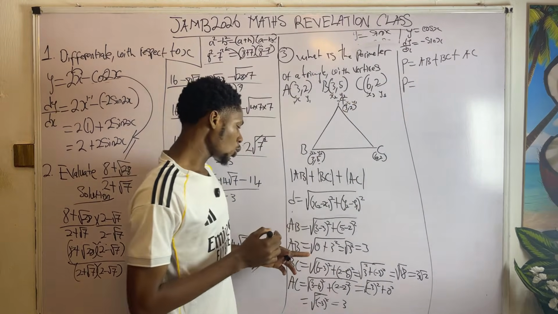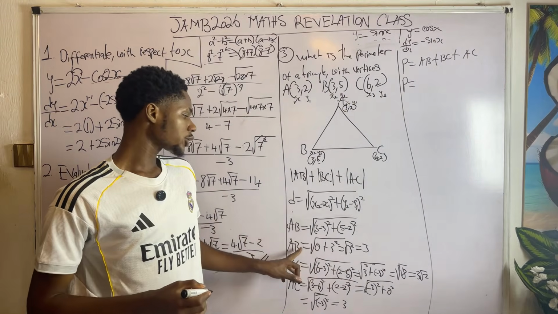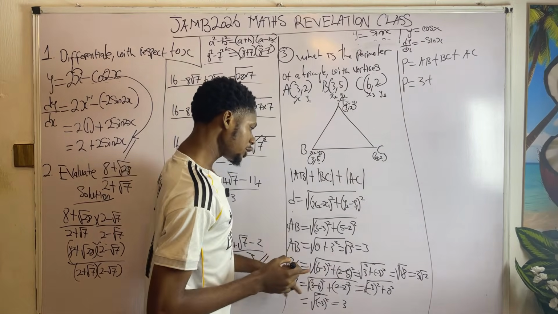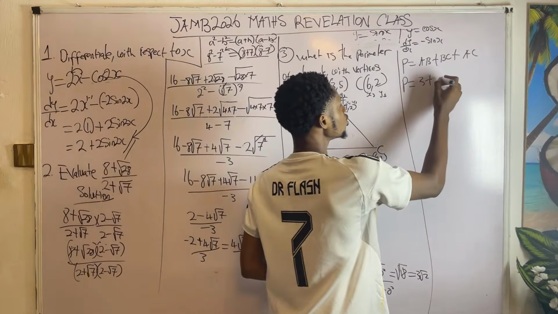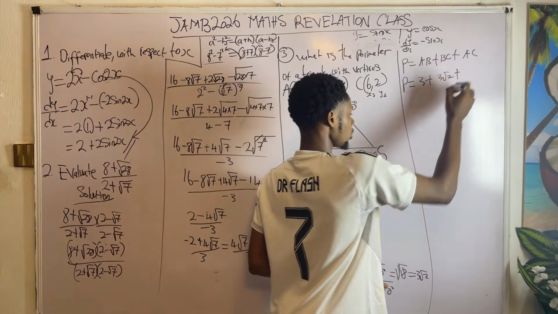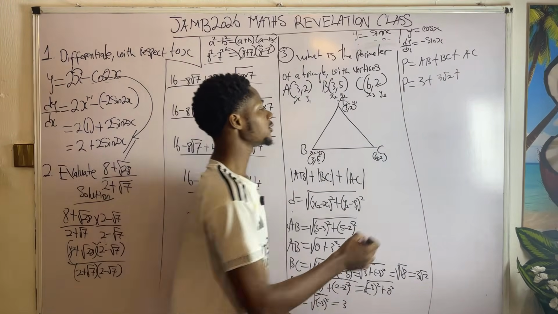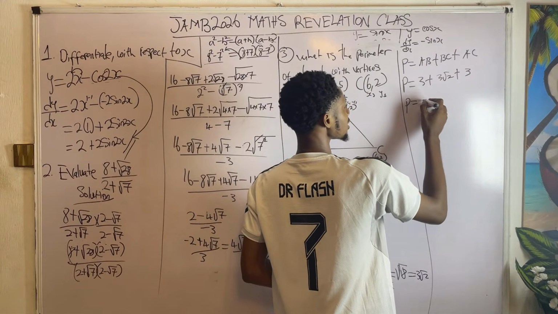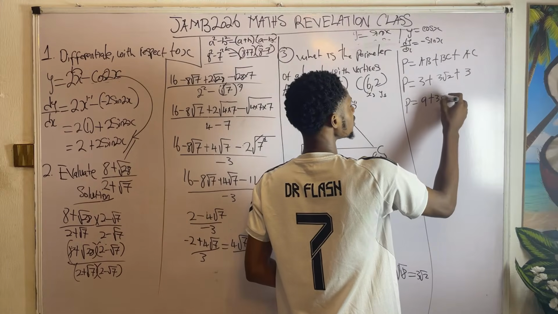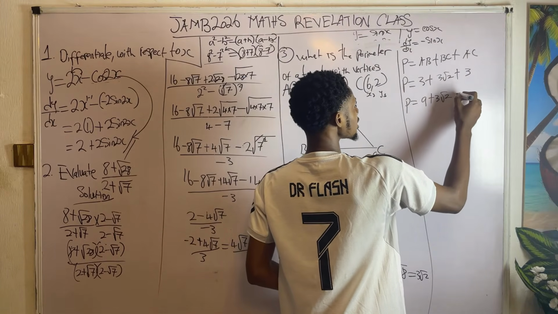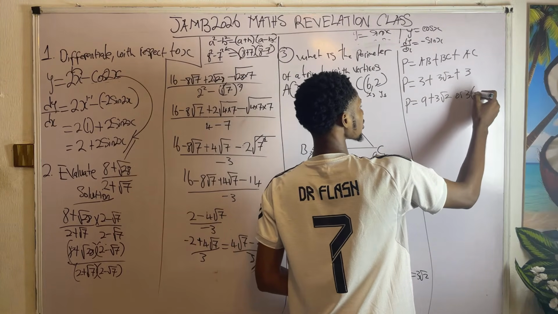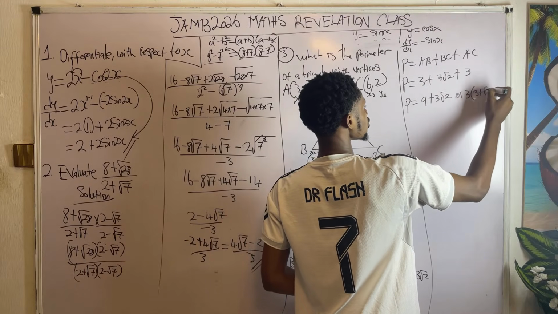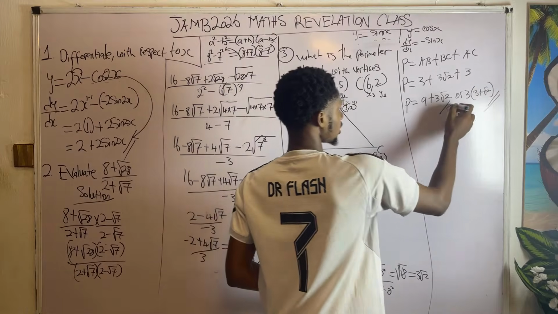Hence, perimeter will be equal to AB, which we solved as 3 units, plus BC, 3 root 2, plus AC, which we got as 3. Hence, the perimeter is 3 plus 3, that is 9, plus 3 root 2. Or this can be written, when you factor out 3, as 3 times (3 plus root 2), depending on the one that is given in the option.